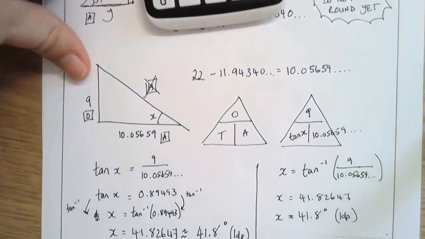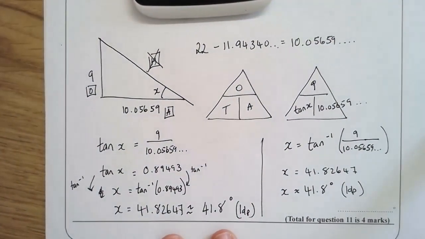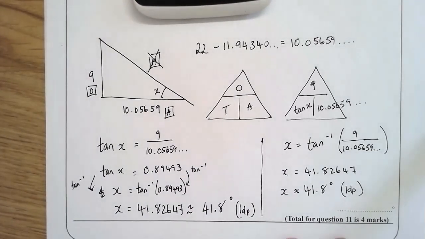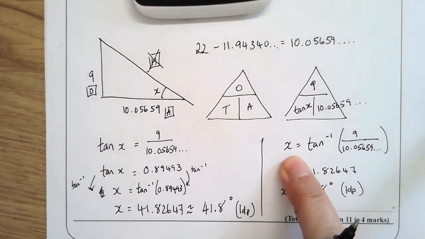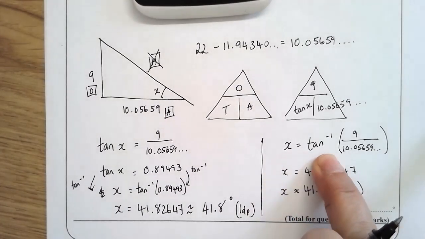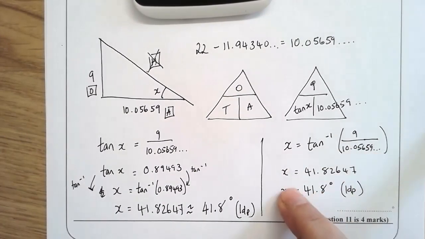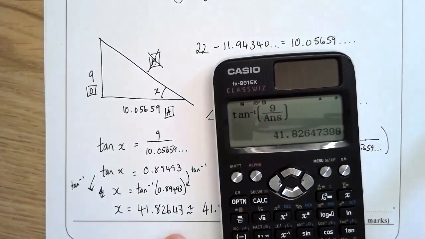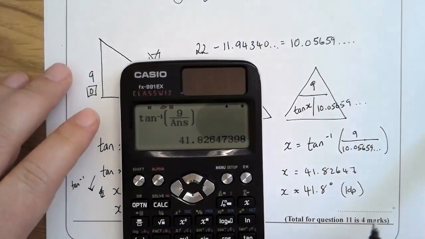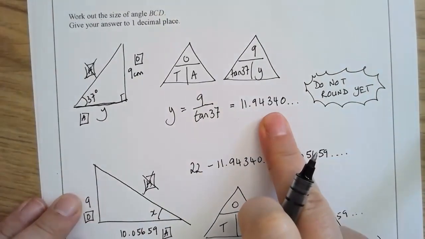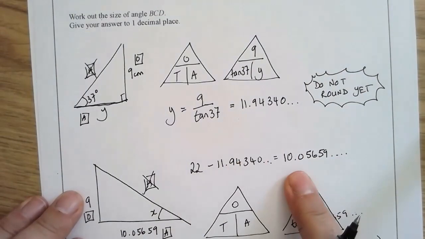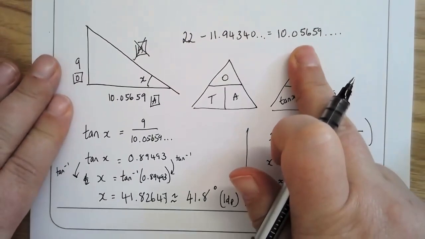And that, sorry, I did all that without showing you. So what I did was I wrote x equals inverse tan of 9 over this. That's where we got to before. And then what you did see was what I was doing on the calculator. I went back and found this out on my calculator again, so that this number was in my calculator.